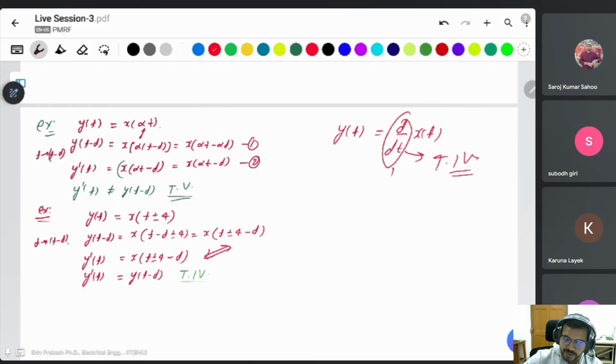For differentiation you can write it as x(t) minus x(t minus h), divided by h, where h tends to 0. If you provide some delay in t, then you can see both are the same, y dash t and y(t minus d). That's why this type of operator is also a time invariant system.